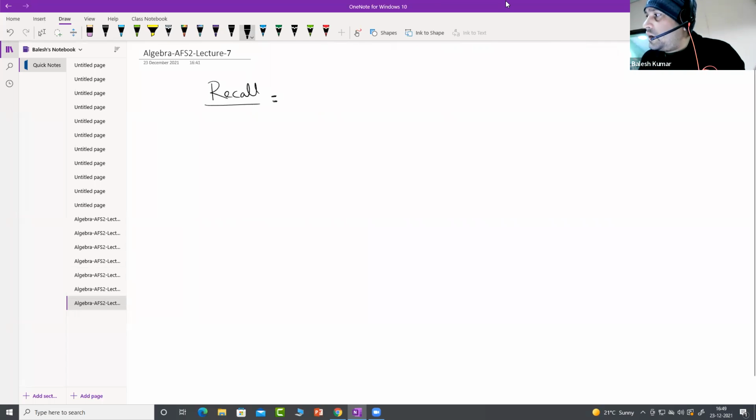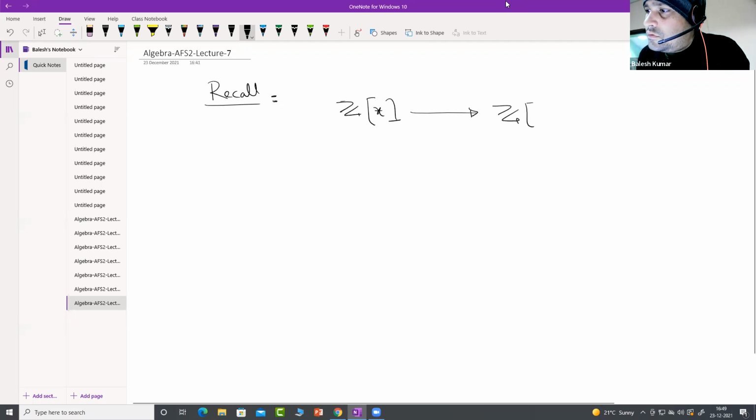If you look at the polynomial ring with integer coefficients, Z of x, we have a map to Z of i, the natural substitution homomorphism. Let's call it phi: what you do is send f of x to f of i. That is a ring homomorphism.